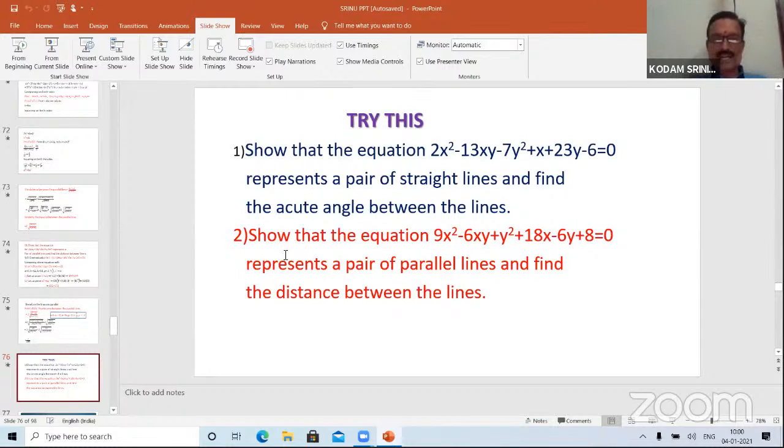Next, we have to show that the equation 9x square minus 6xy plus y square plus 18x minus 6y plus 8 equal to 0 represents a pair of parallel lines. After proving that the equation represents a pair of parallel lines, we have to find the distance between them also.